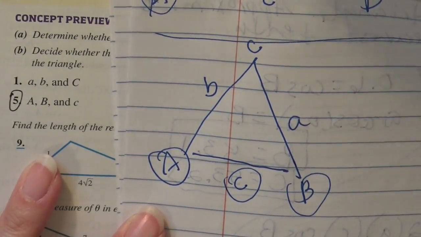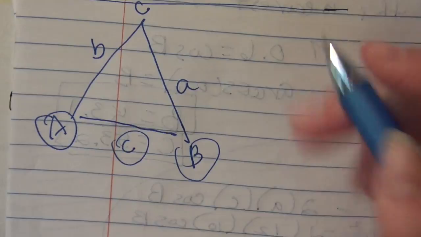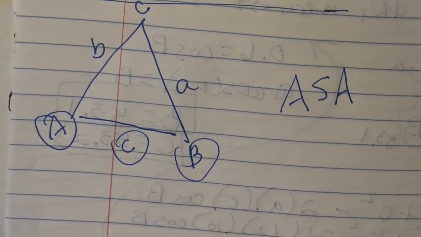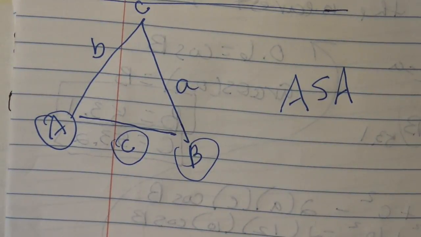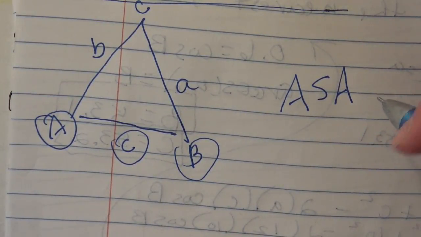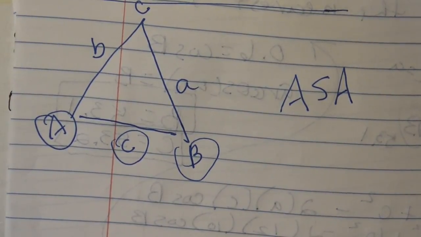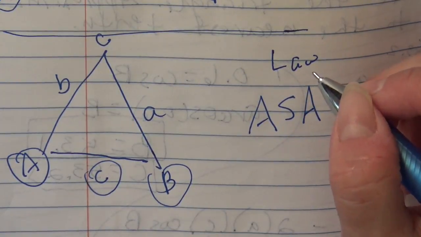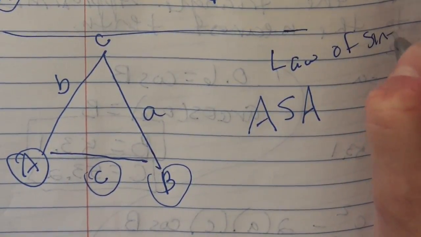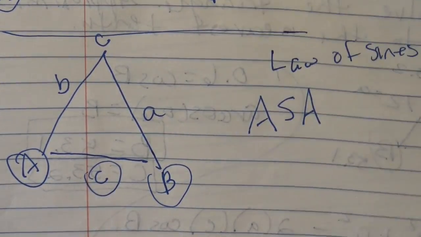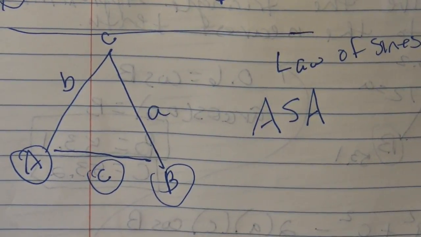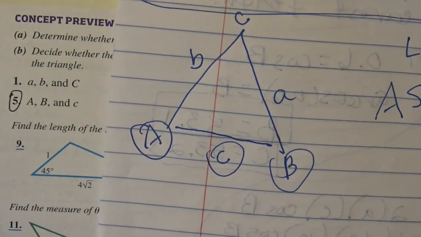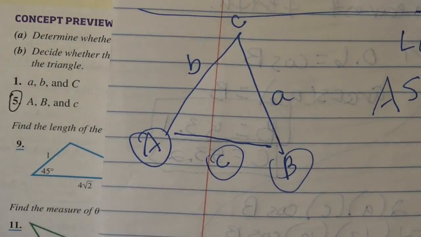This is an angle side angle arrangement. All right, and which scenario does this give us? If you've got angle side angle, this is going to be a law of sines situation. So this is one like you would have done in section 8.1, and this one was a very straightforward calculation. You didn't have to do a whole lot of extra work for this type of problem. It was one triangle and you just found the angles and the side lengths.